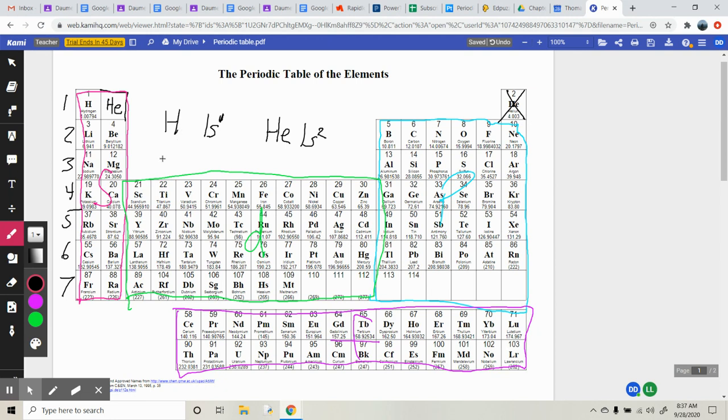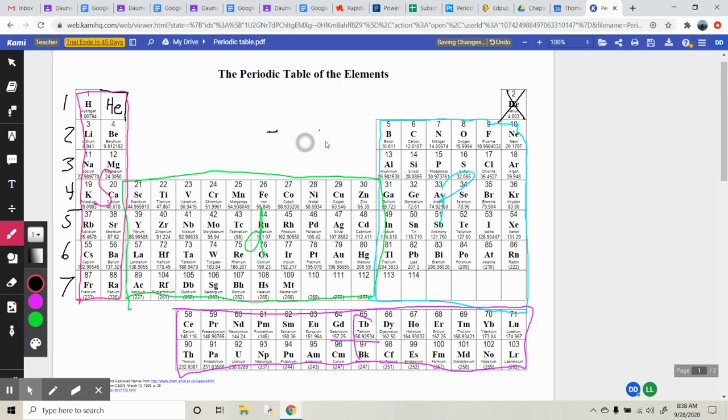So you have now given the electron configuration for hydrogen, which is 1s1, and helium, which is 1s2. Okay, and as we go farther down the periodic table, they get a little bit more complicated. Now this is like an orbital jurisdiction. Okay, we do a new one each time we hit a new energy level or we hit a new orbital. And I'll show you what I mean here in just a second.